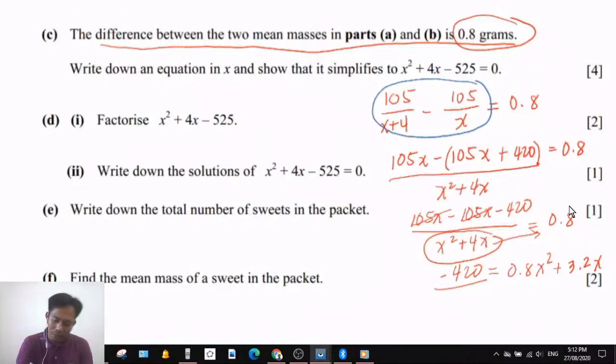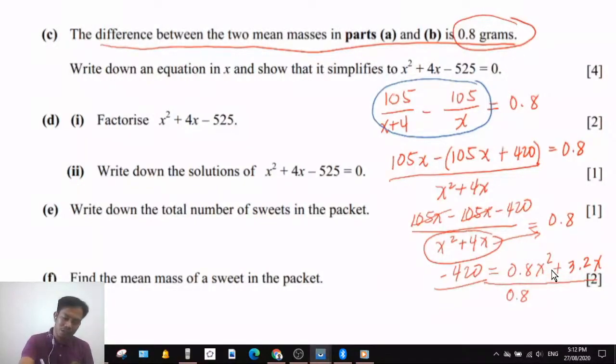I want to divide everything by 0.8. Why do I want to divide everything by 0.8? So that I can remove the 0.8 as the numerical coefficient of the x squared.